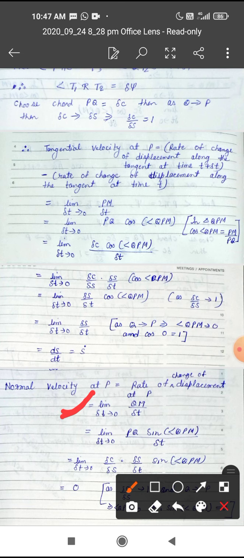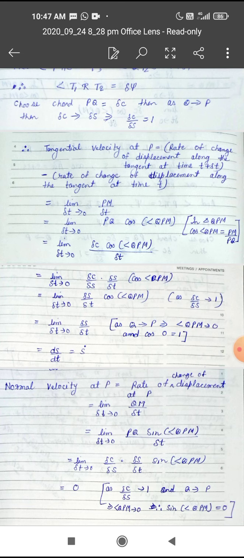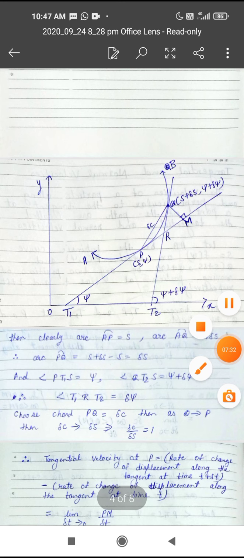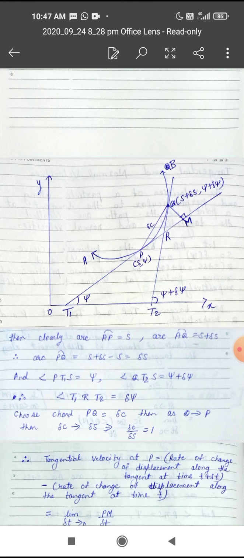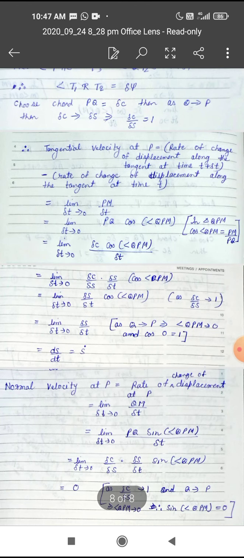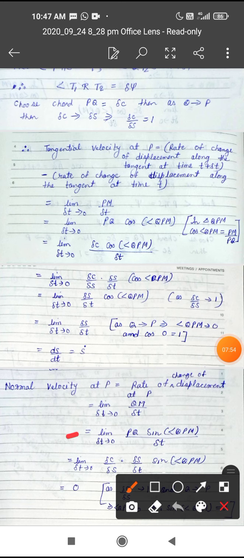Again in triangle QPM, if we find sine angle QPM, we will get QM divided by PQ. So QM is replaced by PQ sine angle QPM, divided by delta t.